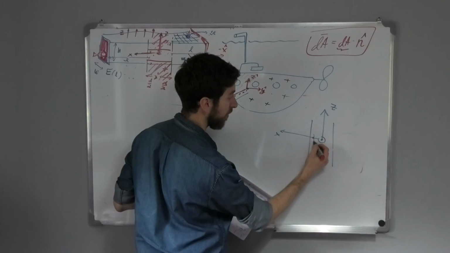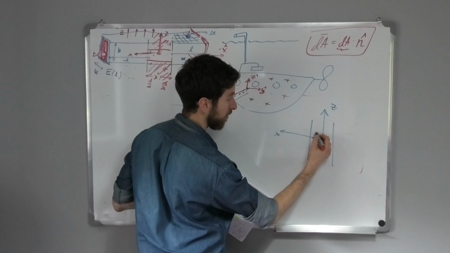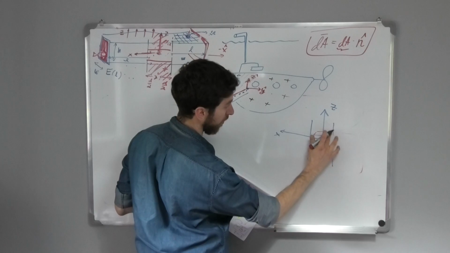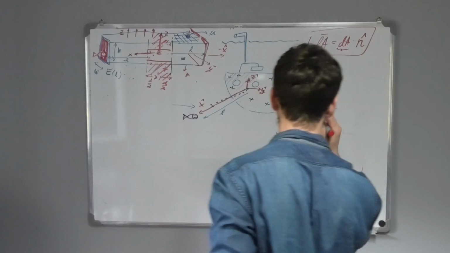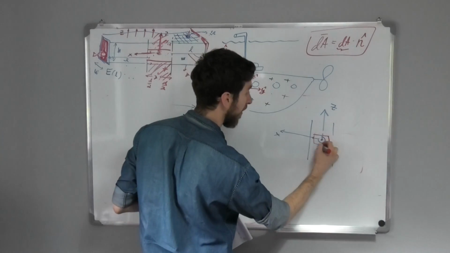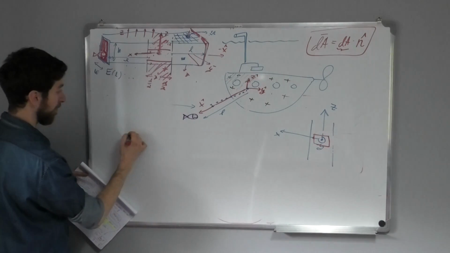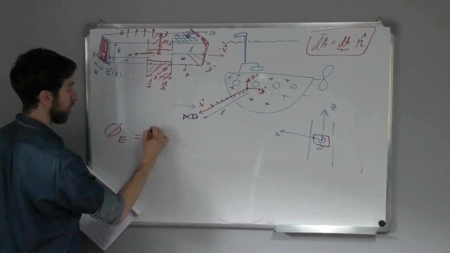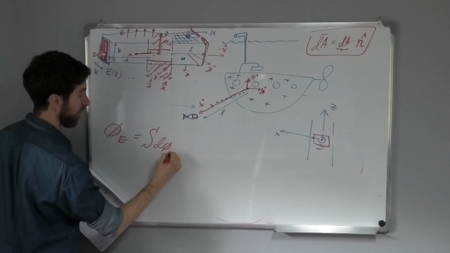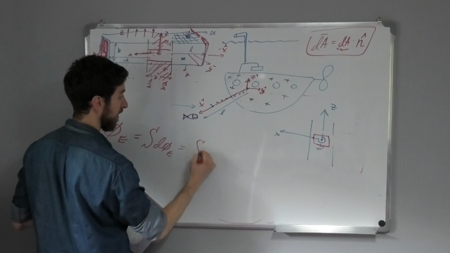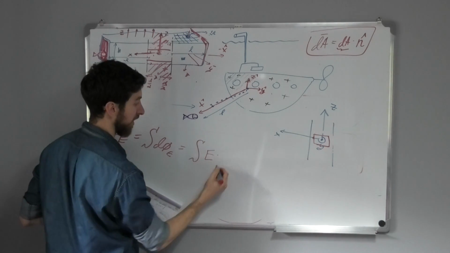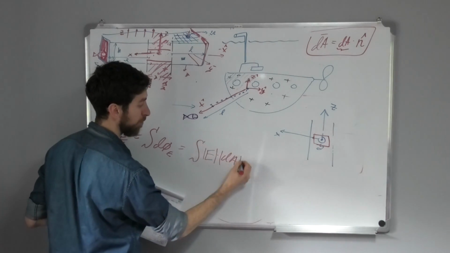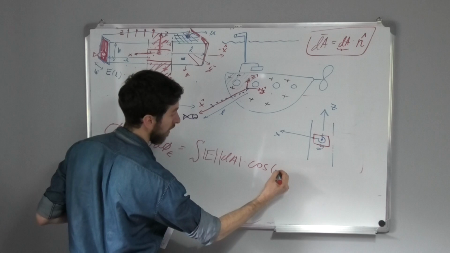So I'm going to draw a small box, but this is a 3D box, right? I'm drawing it only from the side view, but you have a width, and I'm going to do the integral. I'm going to say that the flux is equal to the sum of the small fluxes for each window, and for each window the flux is defined as E dA, the magnitude multiplied by cosine alpha.